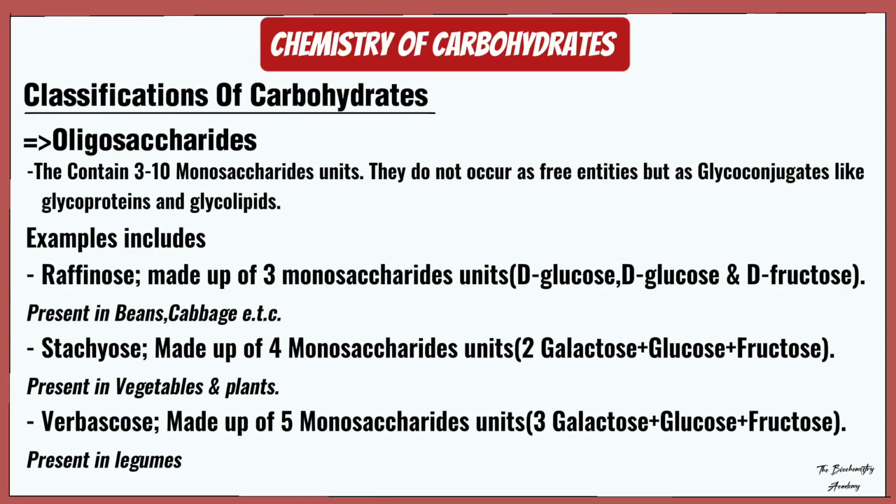Then another example of an oligosaccharide is verbascose, which consists of 5 monosaccharide units, which are 3 galactose, 1 glucose, and 1 fructose, and these are present in legumes.